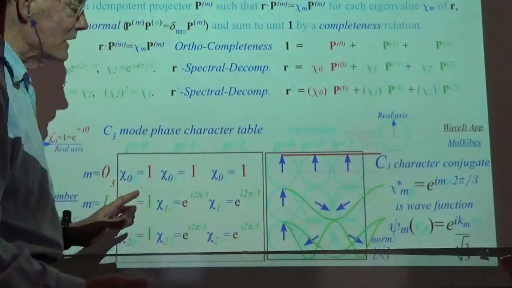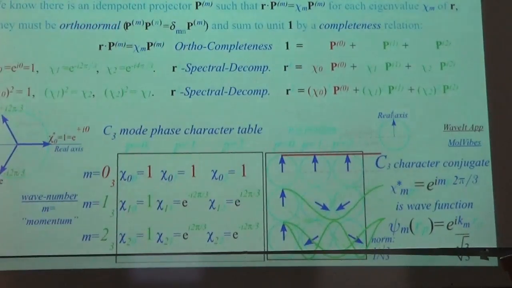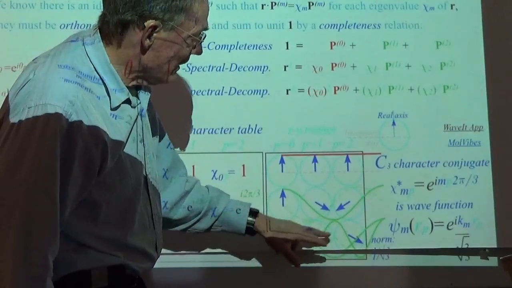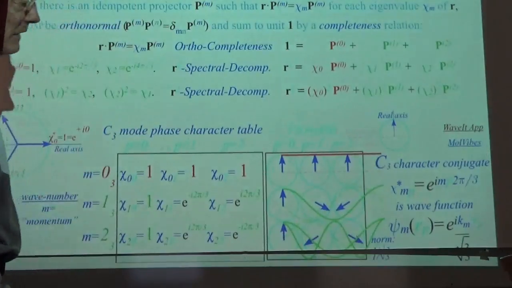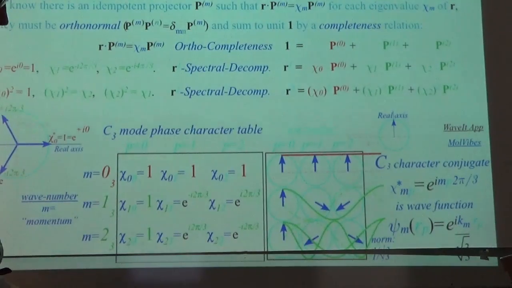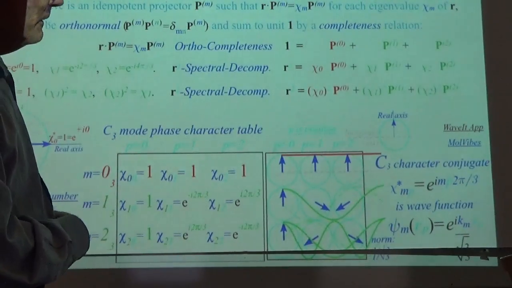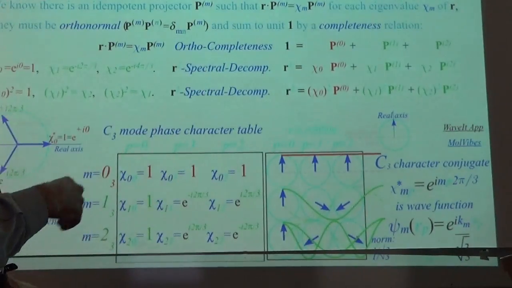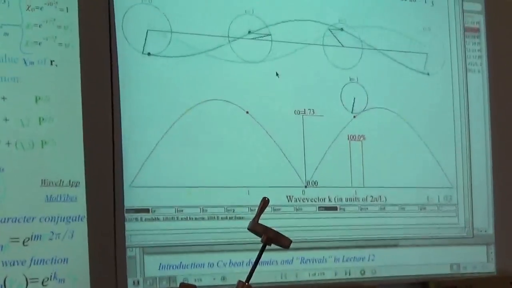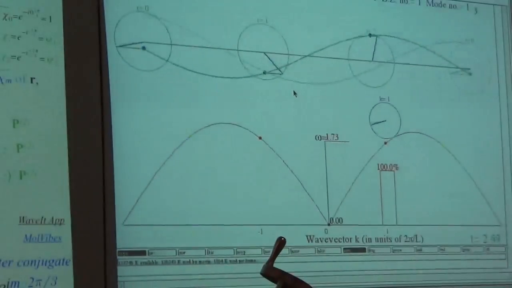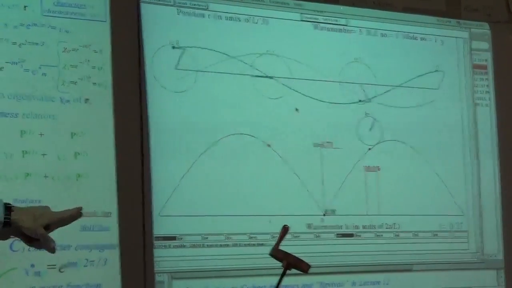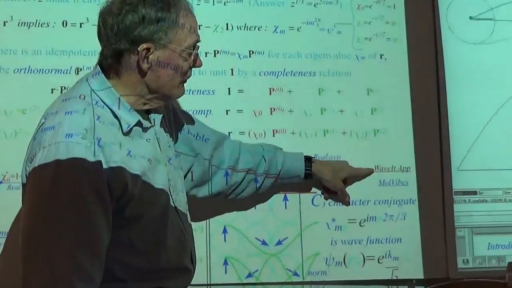So we already know what the eigenwaves look like. The eigenwaves look like things that have phasors pointing at the points of an equilateral triangle. Okay, and that's what we're going to be making our eigensolutions out of. And there's one of them up there in the animation that you can get by clicking on this in the lecture slides.